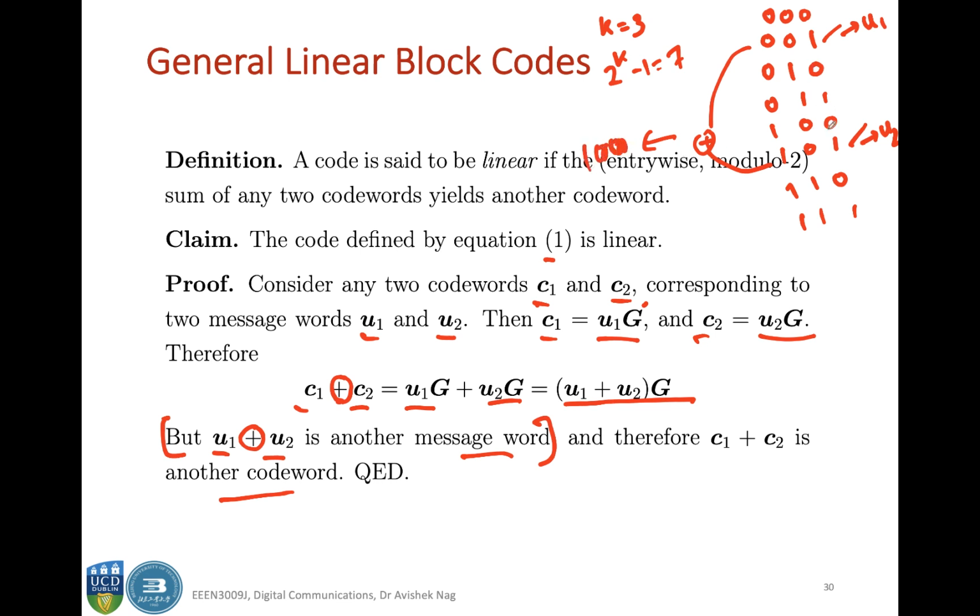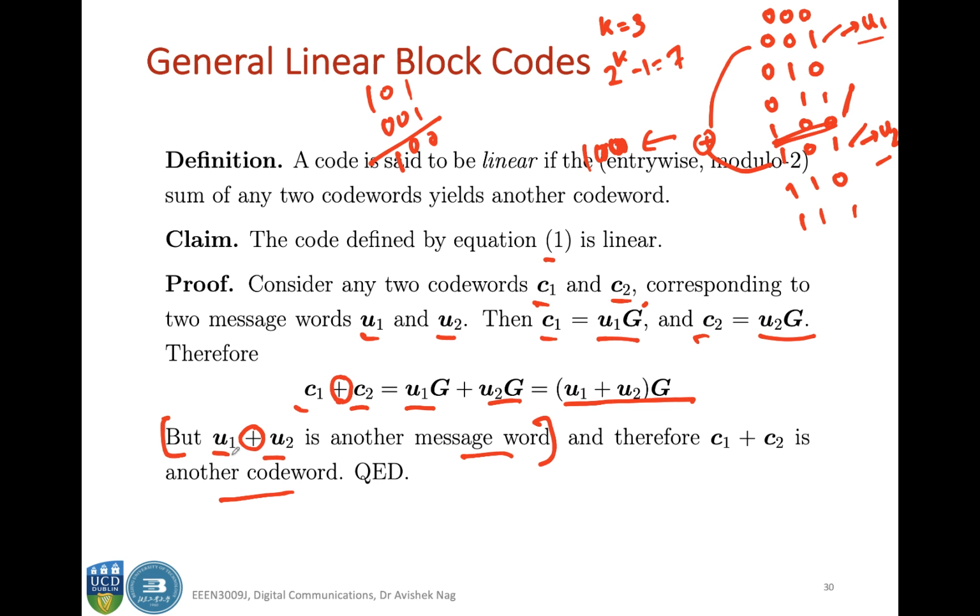And 100 is another code word. Okay. This one. So 101 and 001, if you do entry-wise modulo 2 sum, this will give you 100, which is another code word. And if you do this for any two chosen code words, you will find that the sum U1 plus U2 is also part of this code.